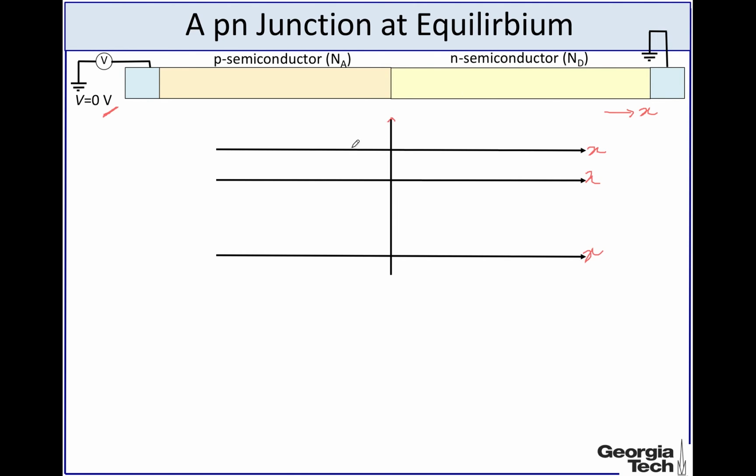First we will plot the fixed charge density. Say the width is like this. This much is the width of the depletion region in the p side.